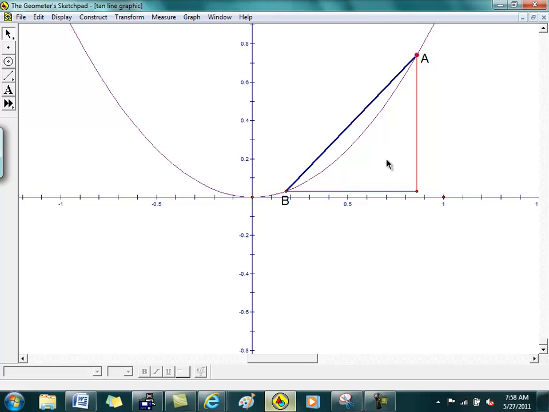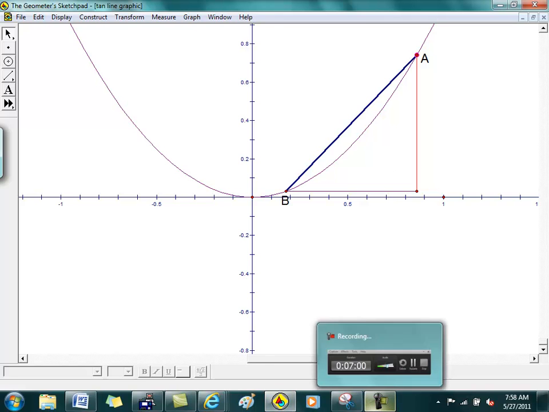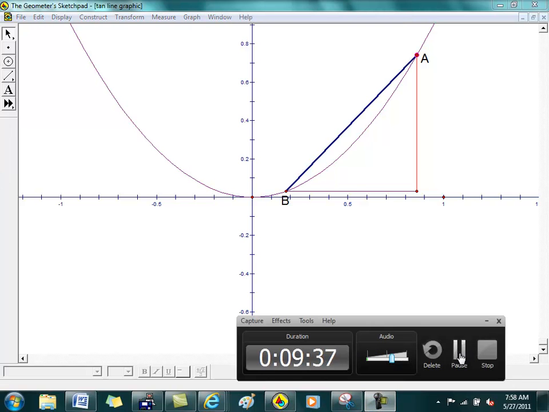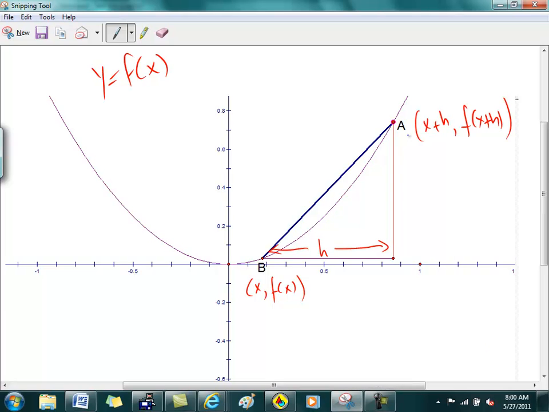So here's a graph. Does everybody buy that? No?